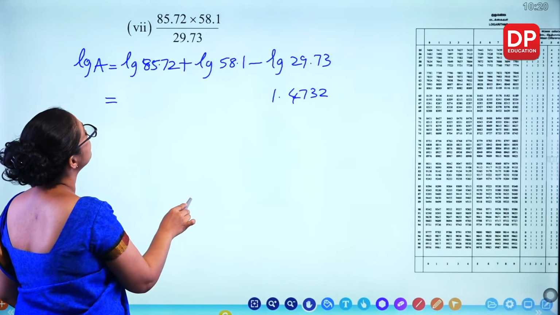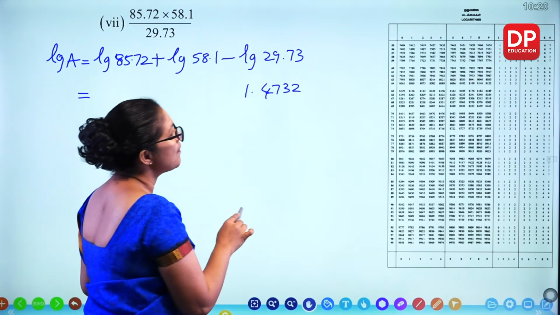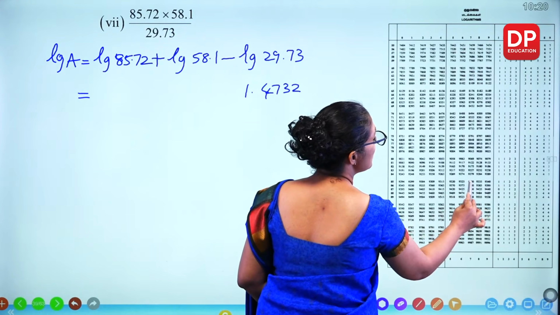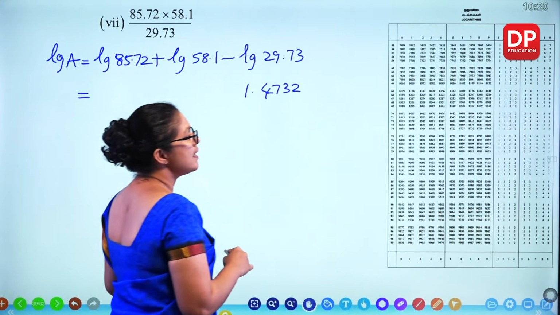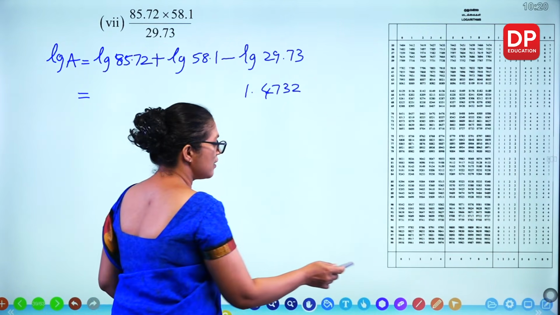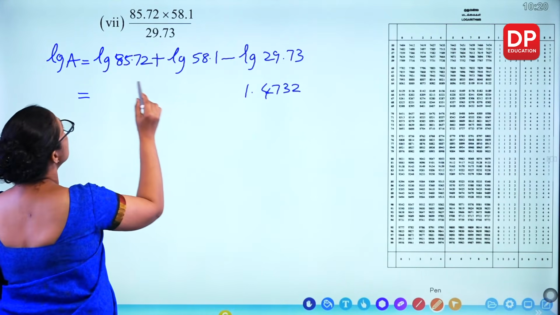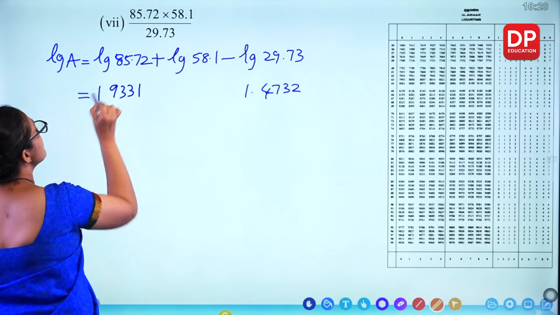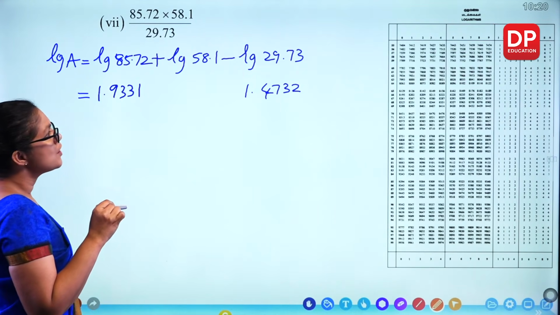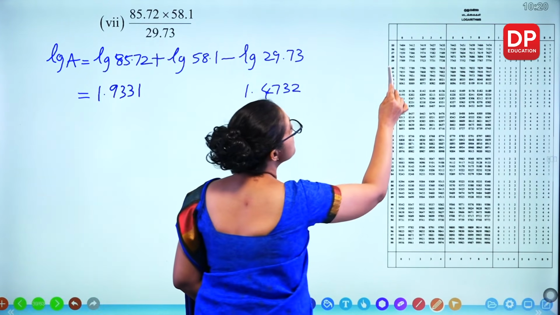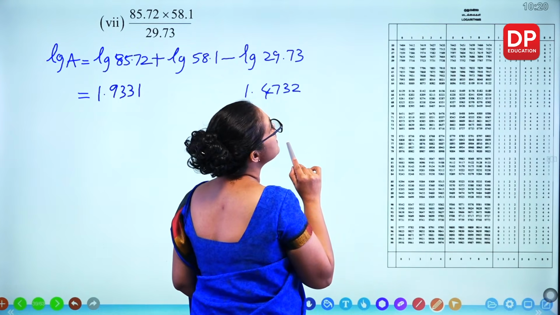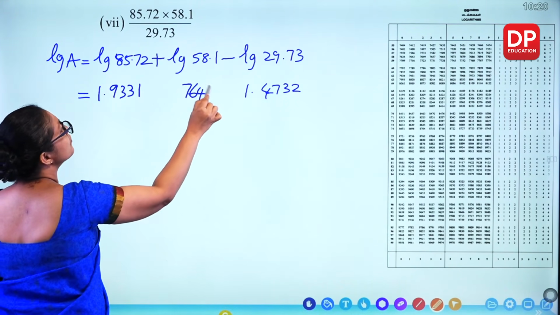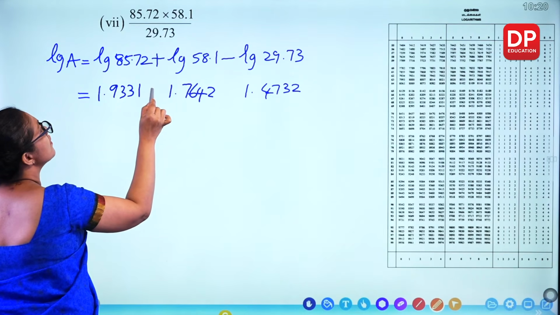Now we'll refer the second table. 8572. 2 is 1. 9331. And the characteristic is 1. 7642. Characteristic is 1.